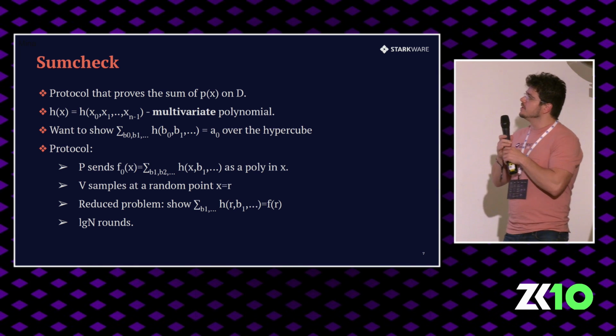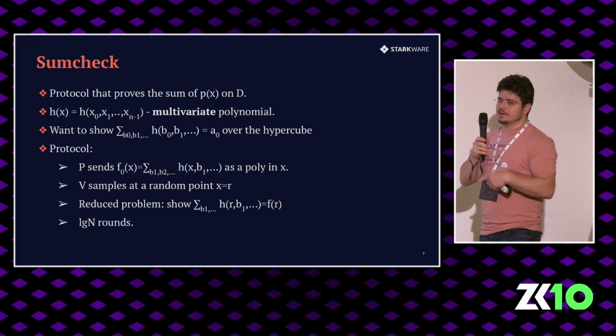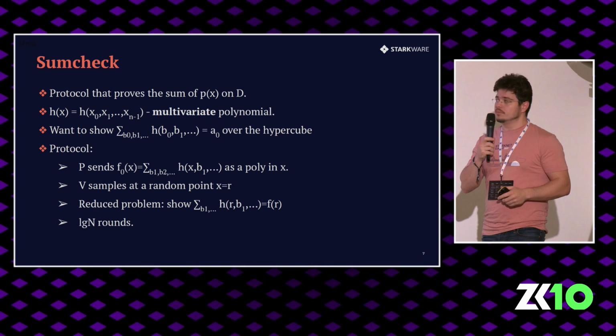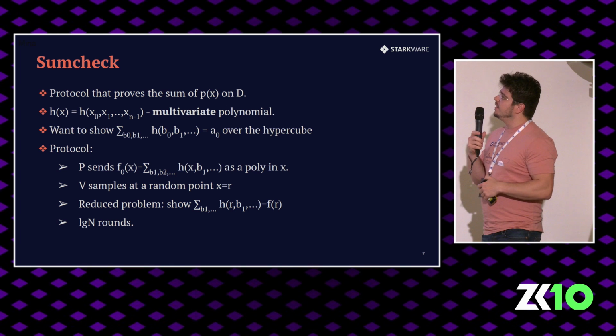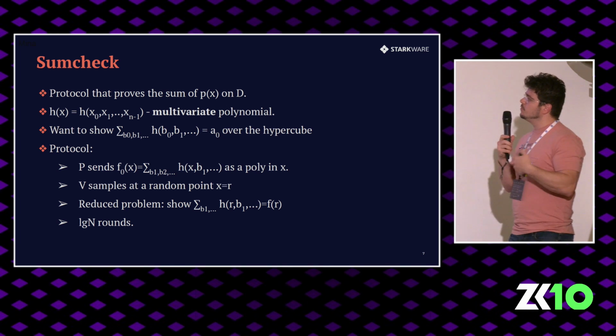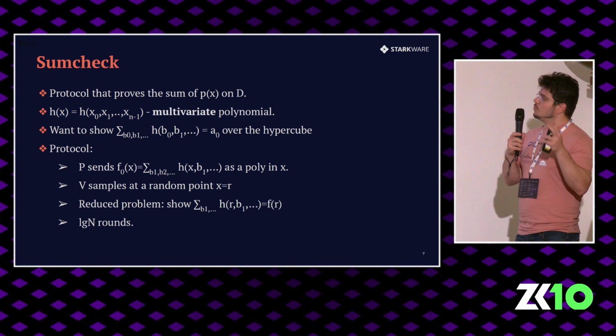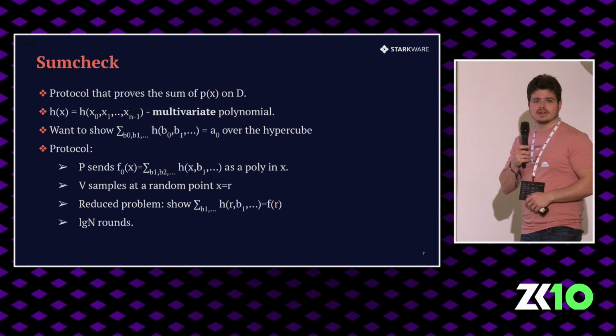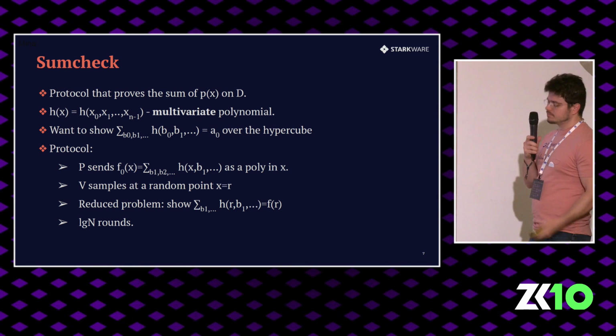So I repeat, it's log n rounds. Each time one coordinate gets set to a random number, and at the end the prover needs to prove that h of r0, r1, r2, r3, etc. is something. And this is just a polynomial commitment scheme.